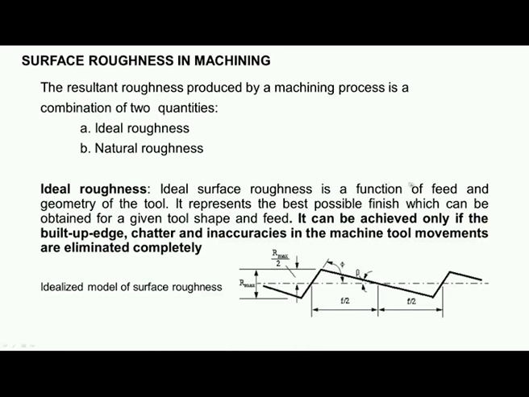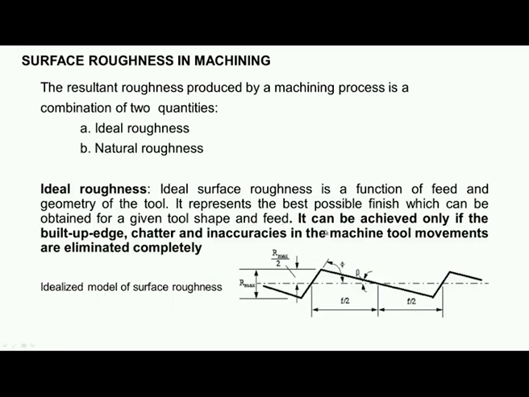We have discussed this feed and geometry of the tool. When we use a very fine feed, we get a better finish. Also, when we have a sharp point, we get a good finish. It represents the best possible finish which can be obtained for a given tool shape and feed rate.